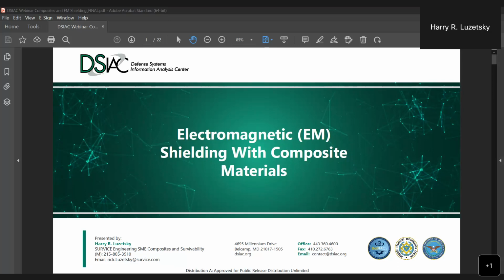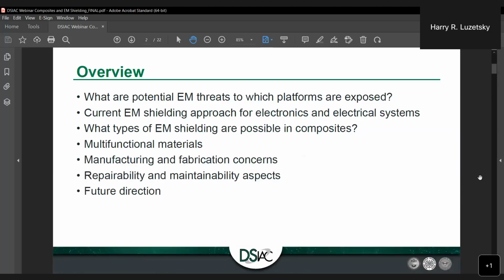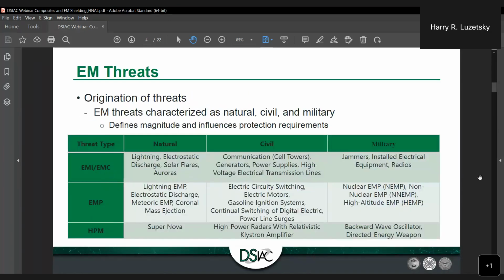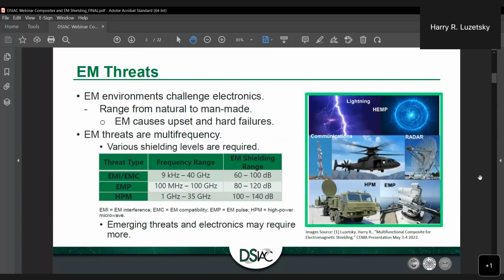I'm going to go back to the chart where we show the levels. There you go. This is the kind of shielding ranges that we're really looking for. We're looking at 60 to 100 dB, and for HPM, anywhere from 100 to 140 dB. And that's really what you're trying to focus on.